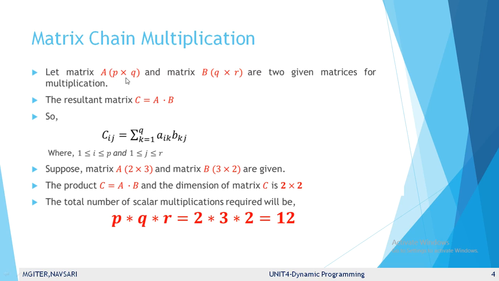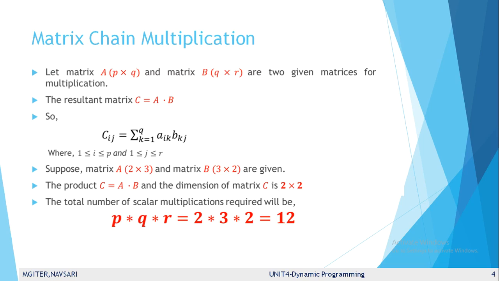Matrix A has dimension P cross Q and matrix B has dimension Q cross R, so the resultant matrix C equals A cross B with dimension P cross R, that is 2 cross 2. Suppose matrix A is 2 cross 3 and matrix B is 3 cross 2, then the product matrix C equals A cross B, and its dimension is 2 cross 2.